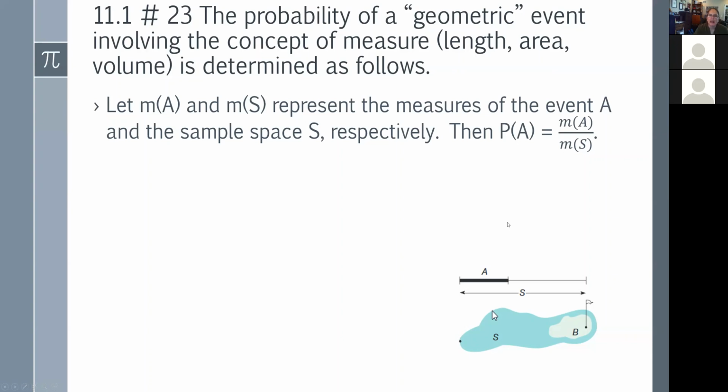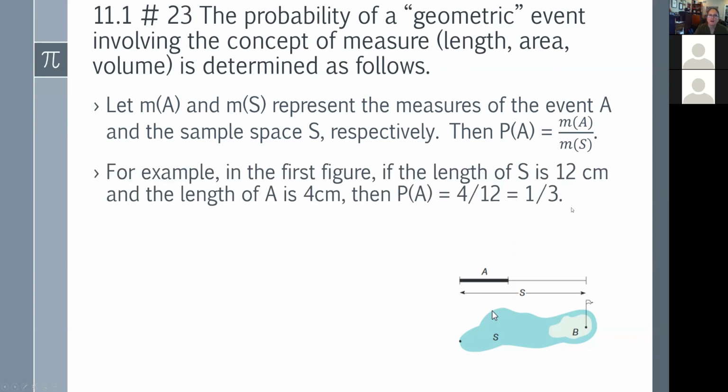Let M of A and M of S represent the measures of event A and the sample space S. Then the probability of event A is the measure of A divided by the measure of S. For example, in the first picture, if the length of S is 12 centimeters and the length of A is 4 centimeters, then the probability of A would be 4/12 or 1/3.